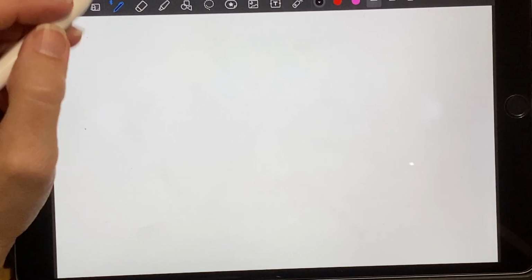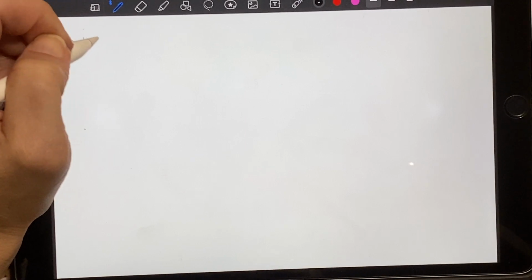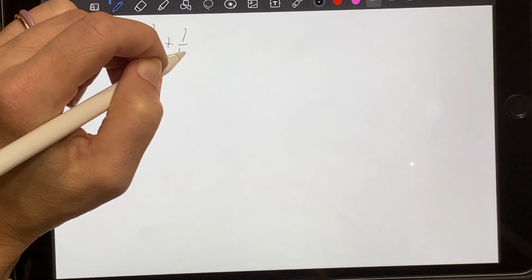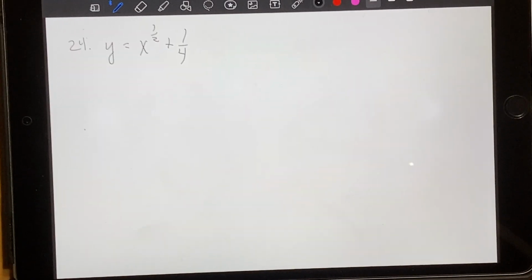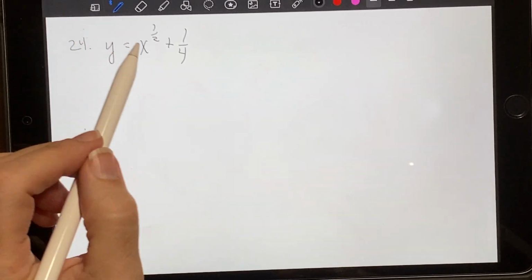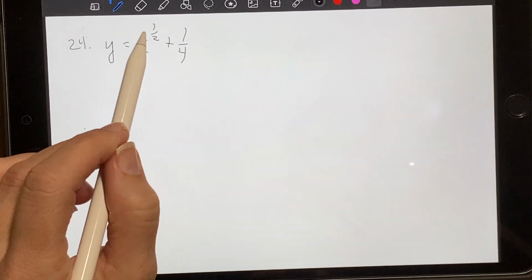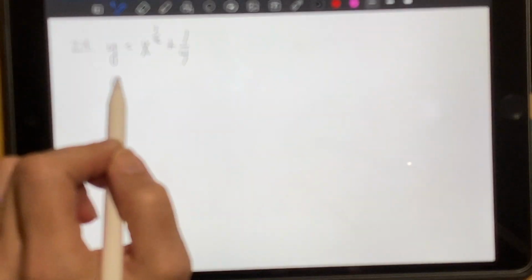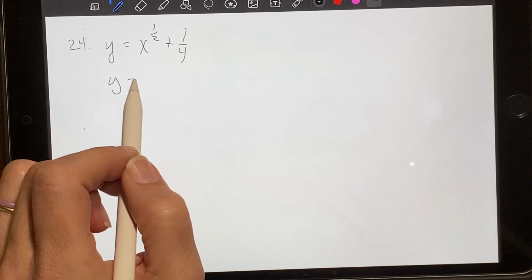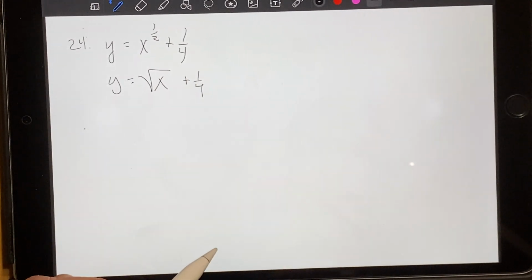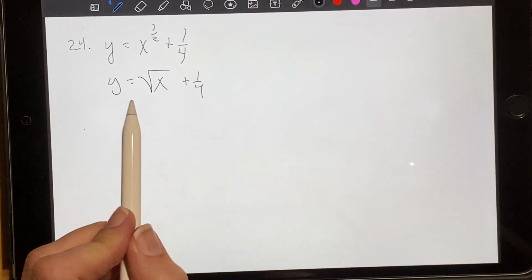When you have something like number 24, and it says y equals x to the 1/2 plus 1/4, that can trick us up because we now have a rational exponent here. So just rewrite it. We know that x to the 1/2 means the square root of x plus 1/4. So again, we're going to take our basic graph.